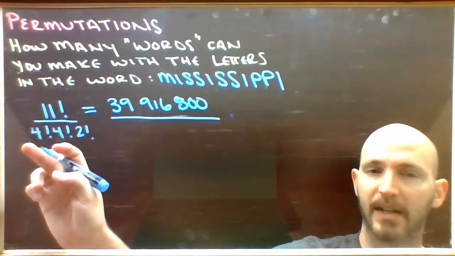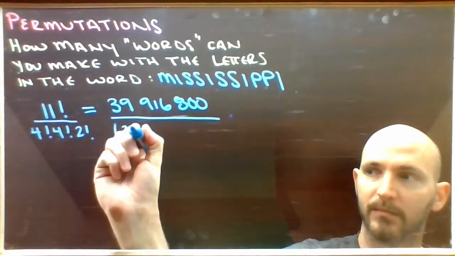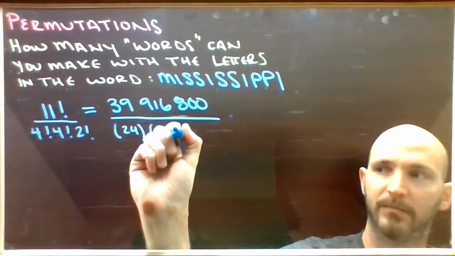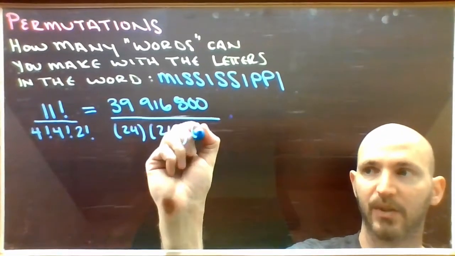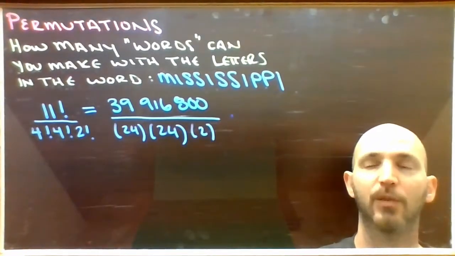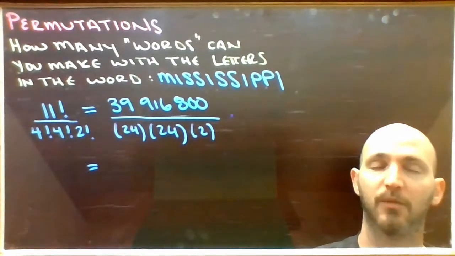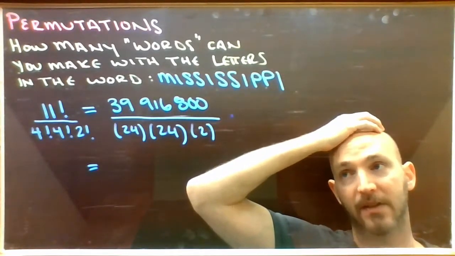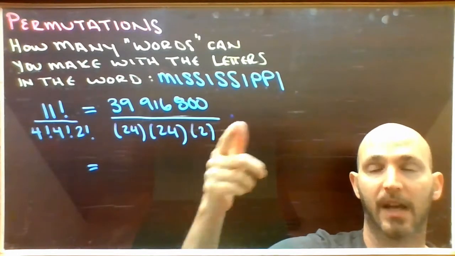So 4 factorial, 4 times 3 times 2 times 1, we've done already, is 24. 4 factorial, again. 2 factorial is just 2 times 1, so that's 2. And then you are going to proceed with caution using your calculator. You might be tempted to type in 39,916,800 divided by 24 times 24 times 2.